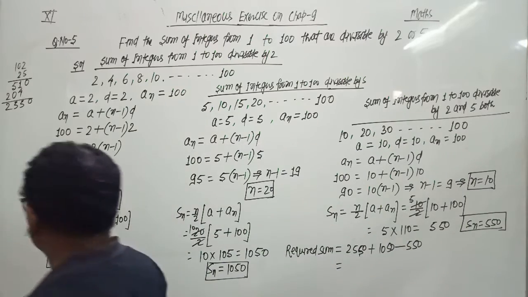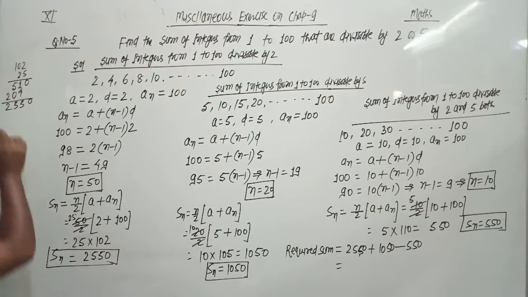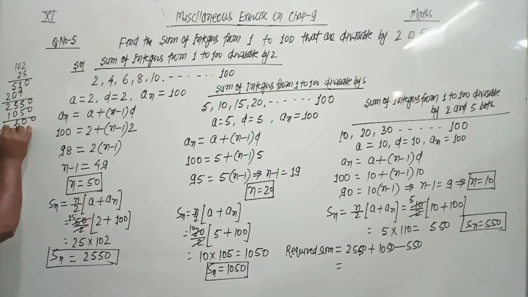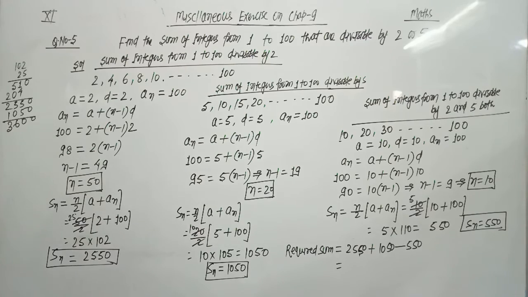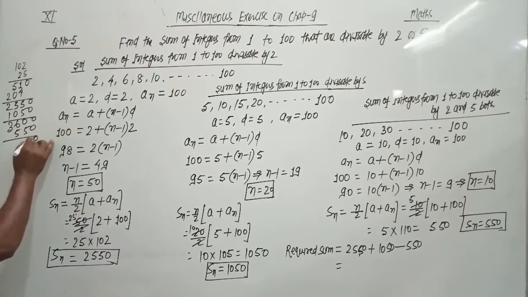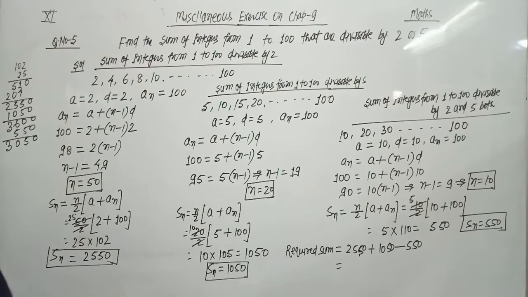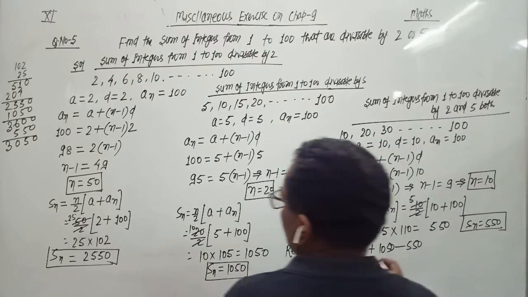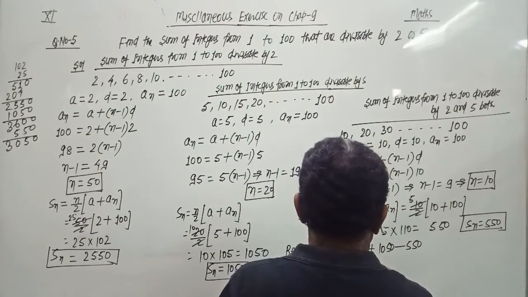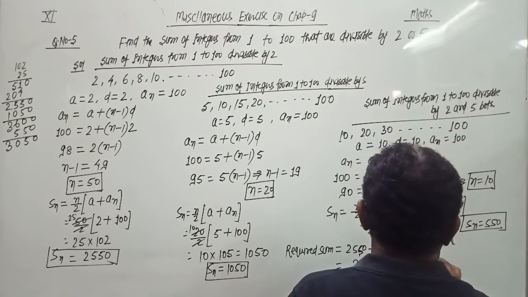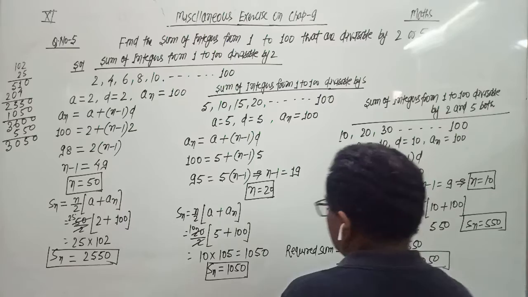So 2550 plus 1050 is 3600, and 3600 minus 550, we get 3050. 2550 plus 1050, that is 3600, minus 550, which is 3050. So this is the required sum.